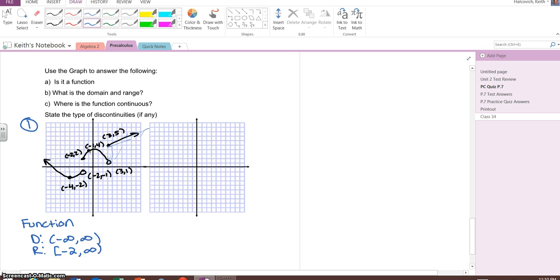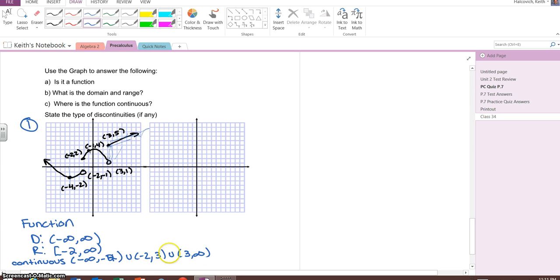Then it asks when it's continuous, and the function is continuous from -infinity to -2, and then from -2 to +3, and then from +3 on to infinity.